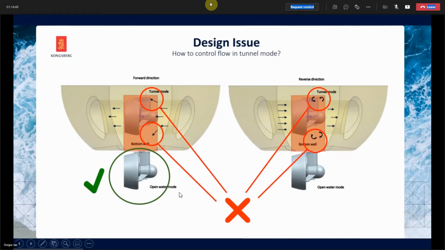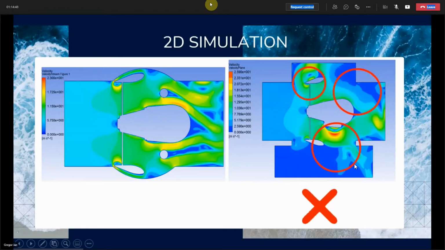The problem of the current design is that the efficiency is good in open water mode, but it's not satisfactory in tunnel mode, especially in the reverse direction, because some flow is leaking in the bottom well, or there is circulation of the flow.